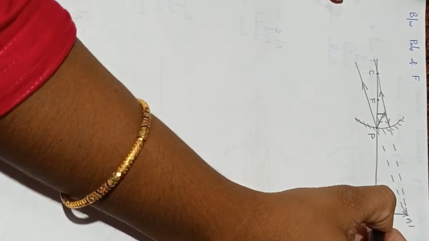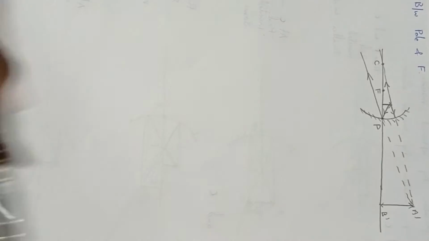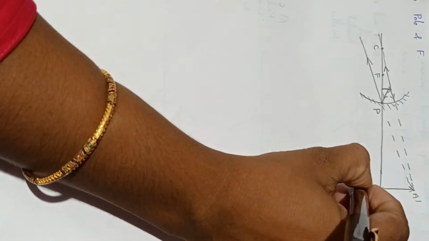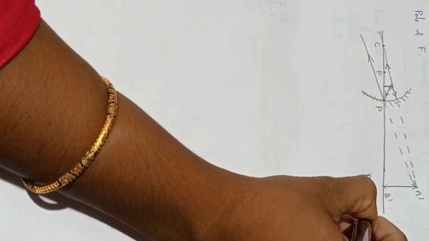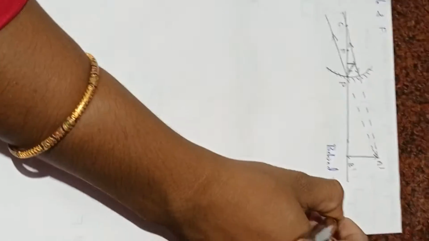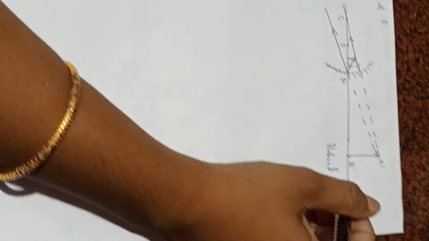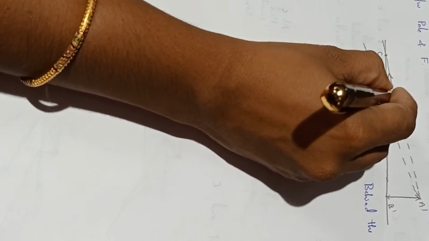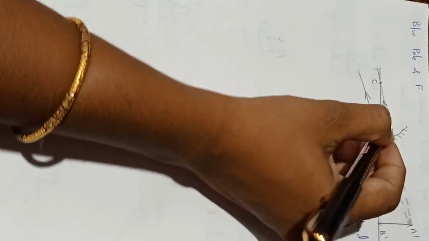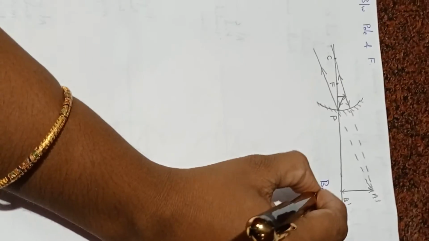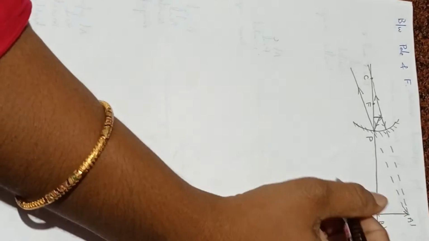In this case the image is formed behind the mirror. So we are not able to see this because the image is formed behind the mirror. So when the object is placed between the principal focus and the pole, we get the image behind the mirror.